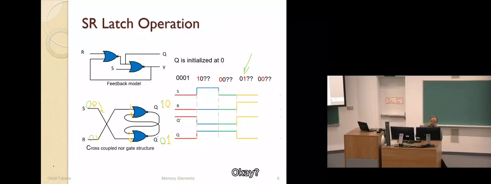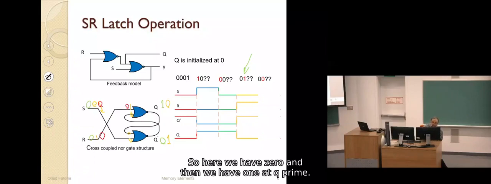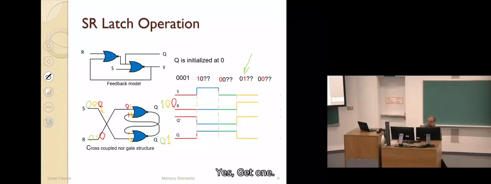Okay. R becomes 0. S is still 0. We don't change S. R becomes 0, so here we have 0, and then we have 1 at Q prime, so we have 1 here. 0 nor 1 becomes 0, yes?